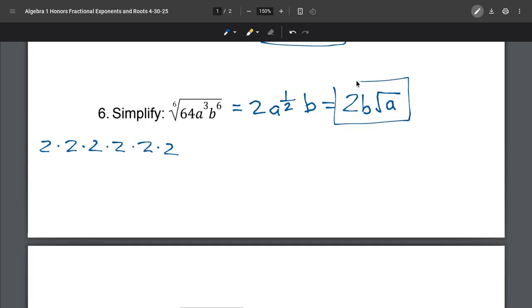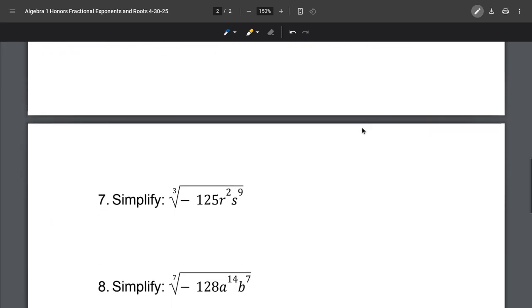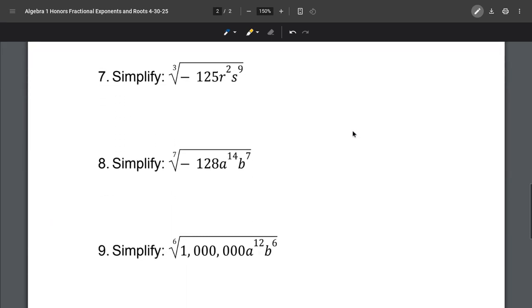Okay, let's keep going. Problem 7. We're taking the cube root of negative 125 r squared s to the 9th. So the cube root of negative 125 is negative 5, because if we multiply 3 negative 5s together, we're going to get negative 125. And then we have 2 times 1/3, so this becomes r to the 2/3 power. We'll deal with that in a moment.